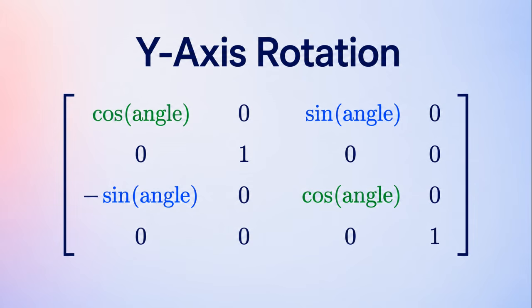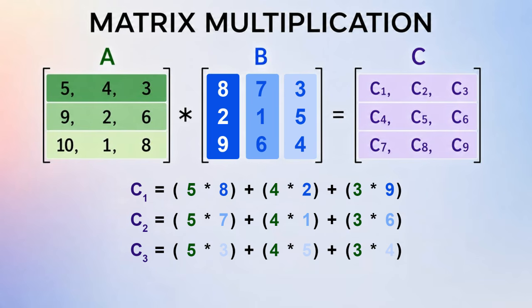This configuration allows a positive angle rotation to move counterclockwise, which obeys the right-hand rule. To combine the rotations around the axes, we multiply the matrices together. Matrix multiplication is the computation of dot products between the row of one matrix and the column of another matrix. We do it for every individual matrix element.